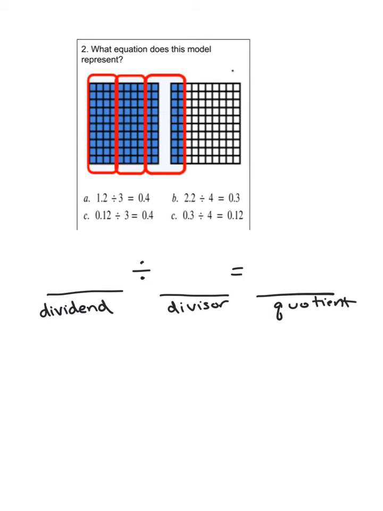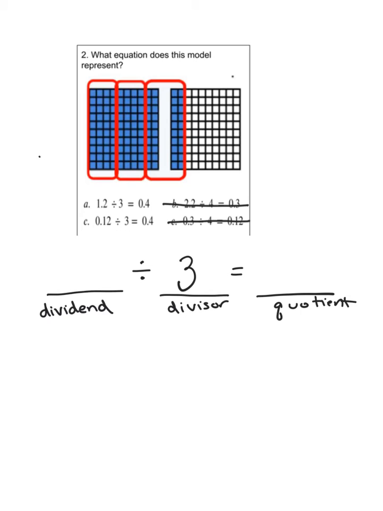So in this model, we have sum total, and I don't know what value this represents quite yet because I haven't counted it up, divided by 1, 2, 3. So I'm going to go ahead and plug in our dividend divided by 3 equals our quotient, and that will eliminate choices B and choice C. Now let's look at choice A. Looks like there's a typo here, wonderful.